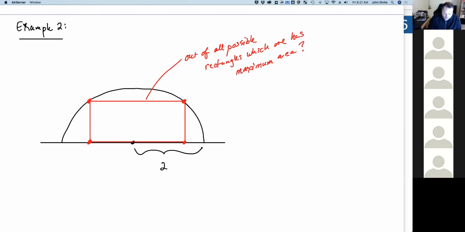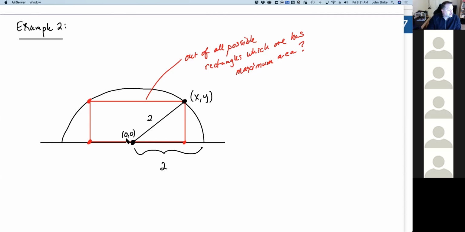So I know this distance. This distance is 2 because it's part of the radius. So I automatically know that. And if I call this point where it makes an intersection the point x comma y, that's also going to be helpful. So I know I've got some intersection point x comma y, and it makes the most sense to call this point here at the center of the semicircle the origin 0, 0.